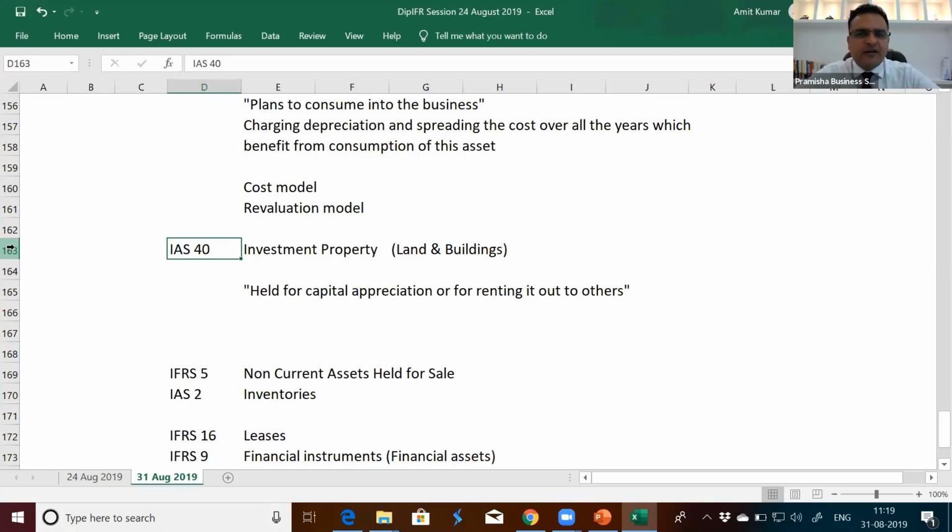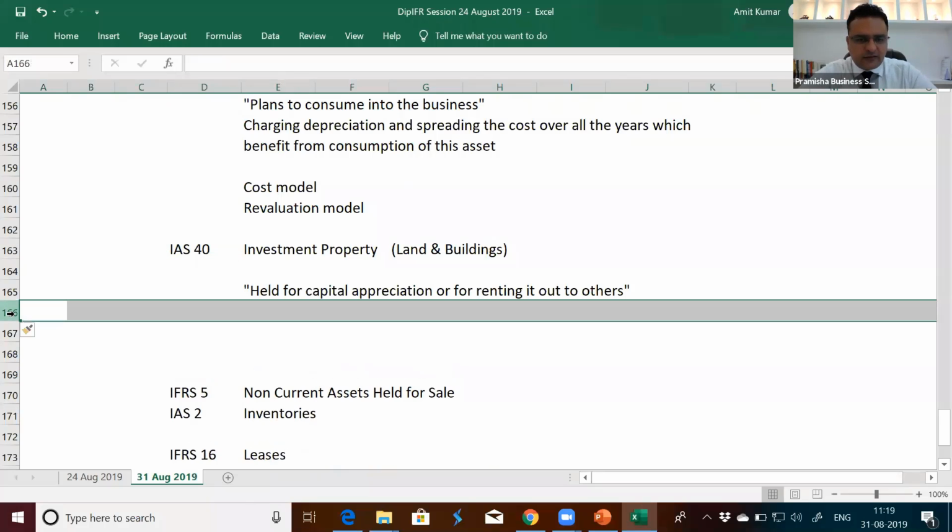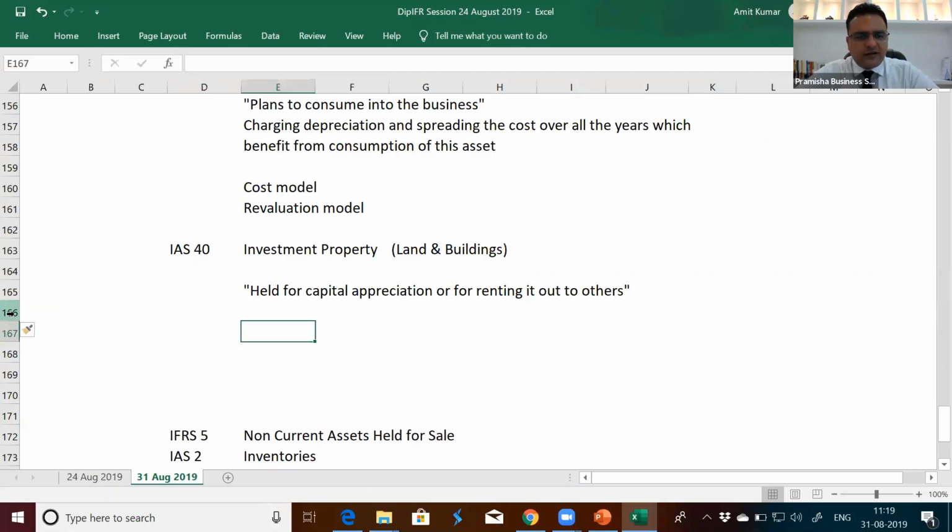If we give a clear indication to the shareholders that this investment we are not going to consume, we are holding it for capital appreciation, we do not intend to sell it in the near future, they feel secure about this investment. It gives a fairer presentation. There are two models in it: the cost model and the fair value model.